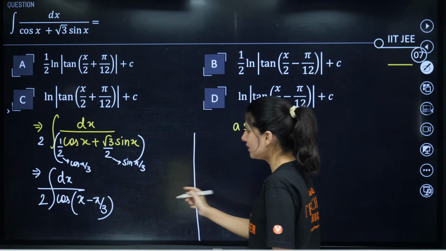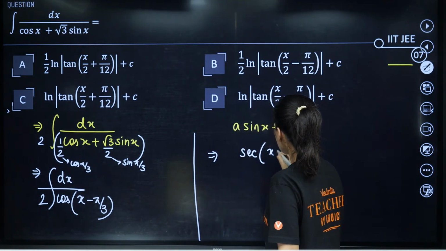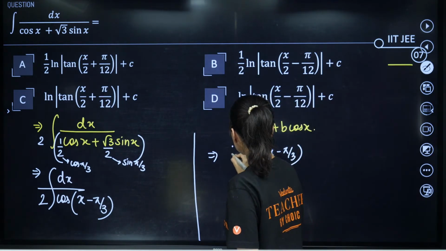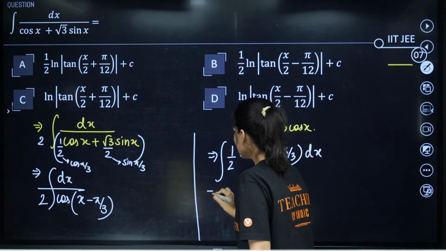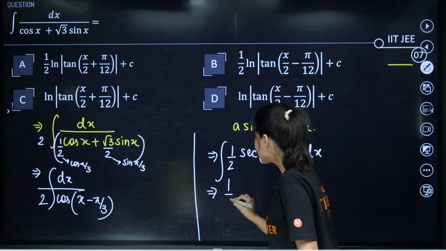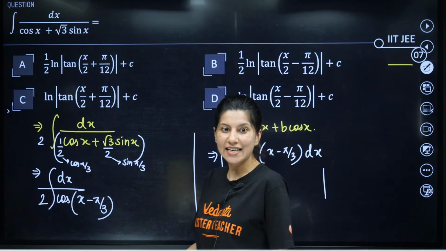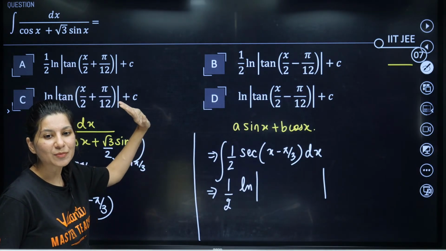So basically this is going to be sec of x minus pi by 3, correct? And this is going to be 1 by 2 integral dx. Integration of sec x is what? Tell me. The integration of sec x is log of mod of sec x plus tan x, but right now we are not in that mood.